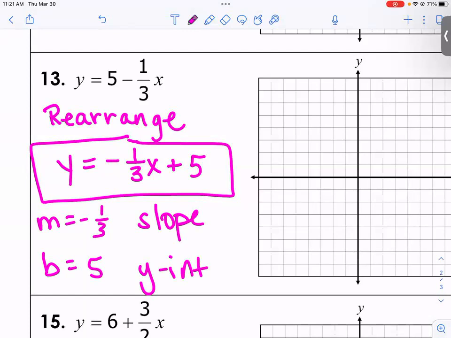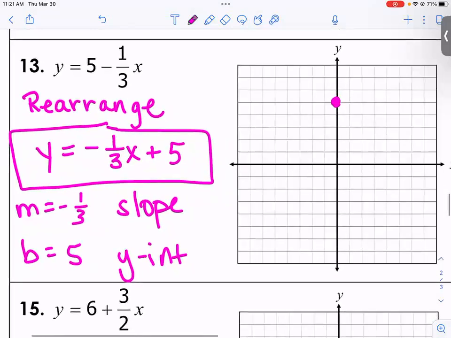Yeah, that looks good. All right. So it looks like 1, 2, 3, 4, 5 is our y-intercept. Now you can either go down 1 and right 3, or up 1 and left 3.